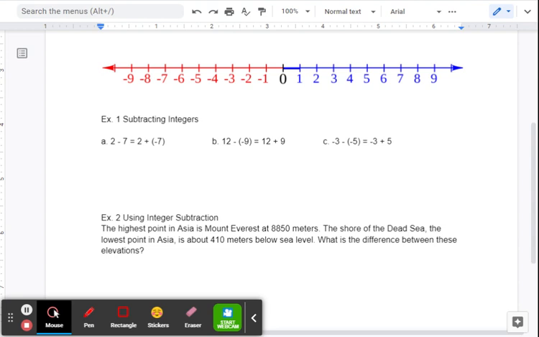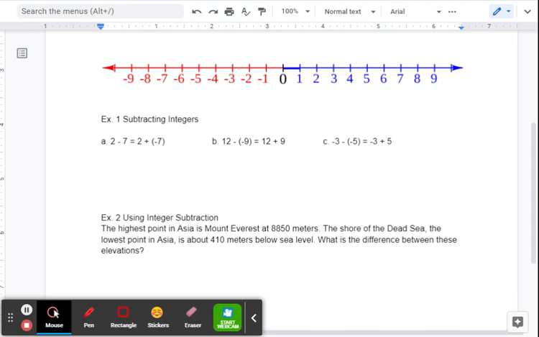Look at B. See if you use the number line. If you need to add on to the number line on your paper, you can add on to it. So do 12 minus -9, where you're going to add its opposite.